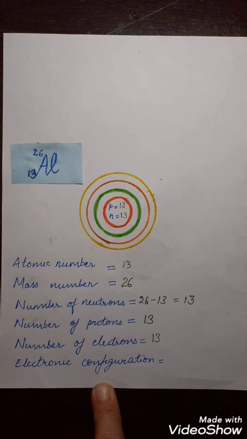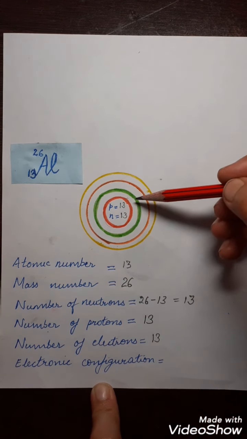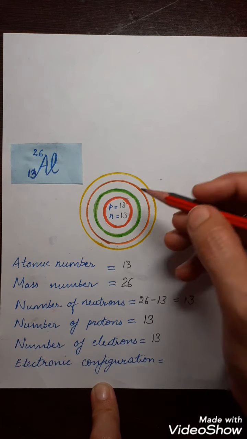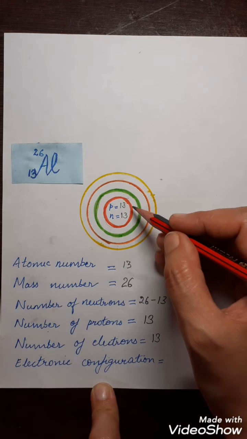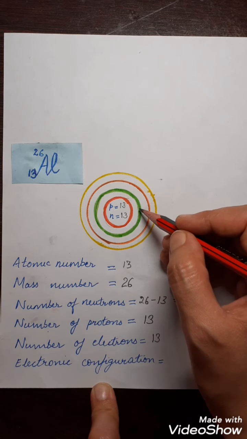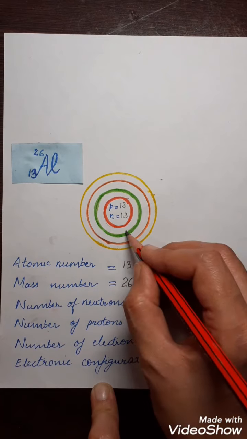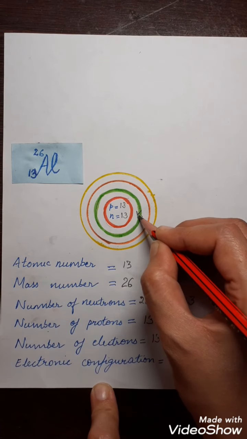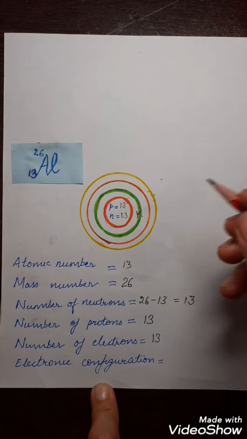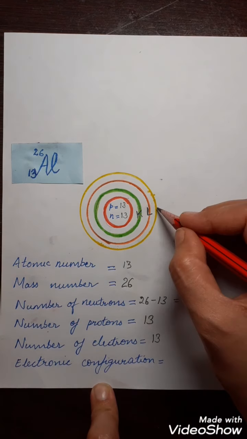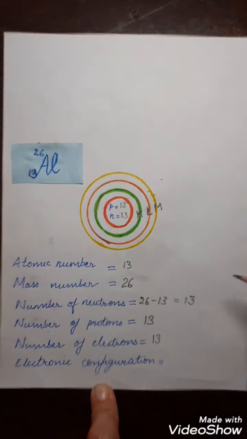Okay. Now let's distribute these electrons in the energy shells or the orbits. So we know the closest shell to the nucleus is the first shell, that is known as the K shell. The second shell is the L shell and the third shell is the M shell.